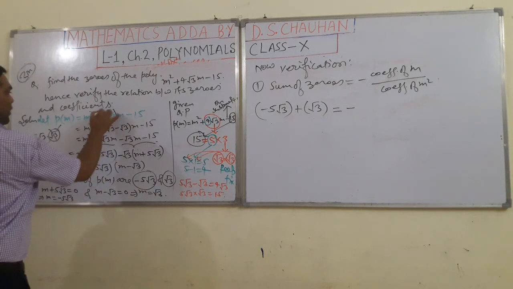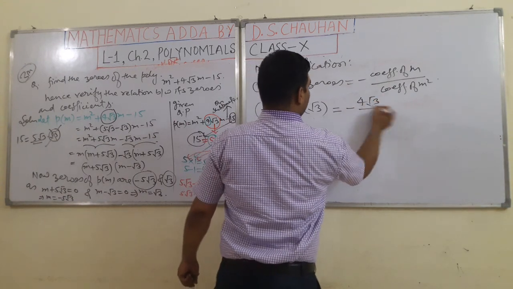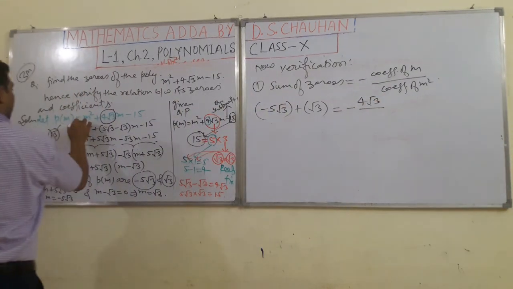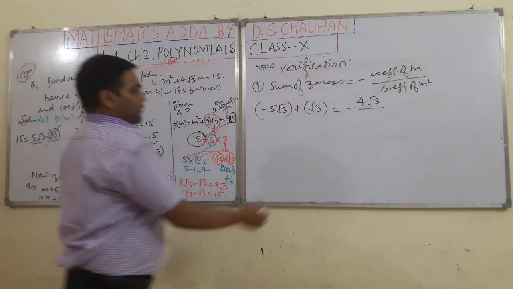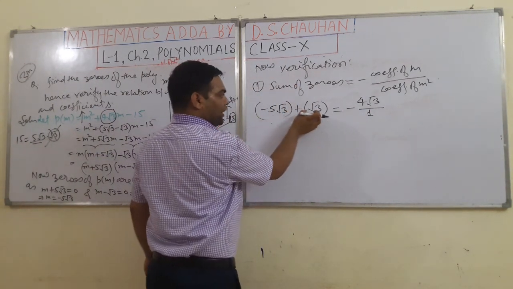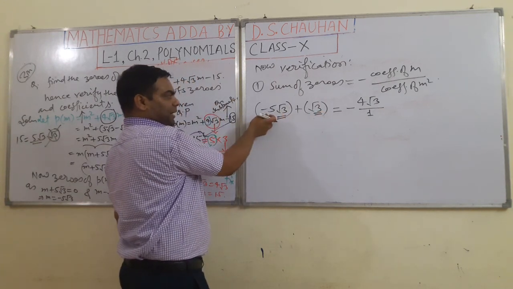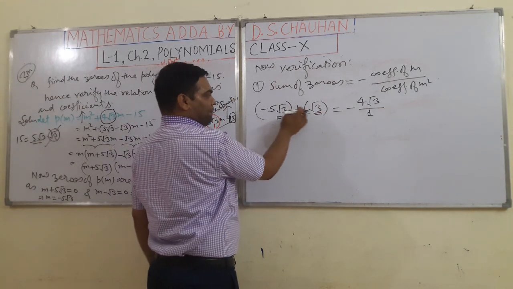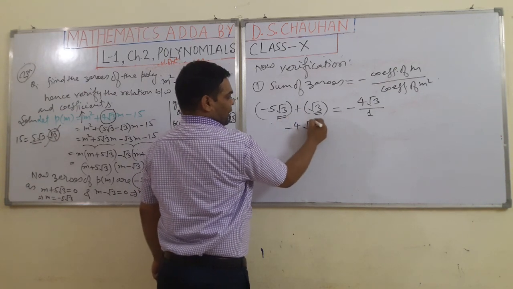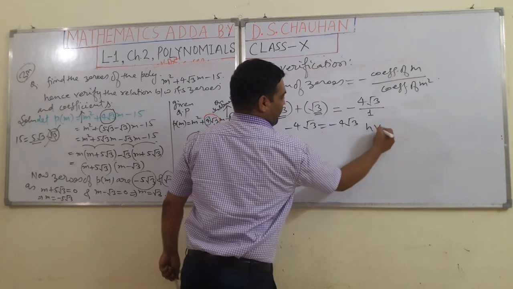This is 4 under root 3 upon coefficient of m square, it is 1 here. Now, as you simplify, minus 5 root 3 plus root 3, both are like terms. So here under root 3 is minus 5 times, here 1 time, minus 5 plus 1, how much will you get? Minus 4 root 3, and this is minus 4 root 3, hence verified.